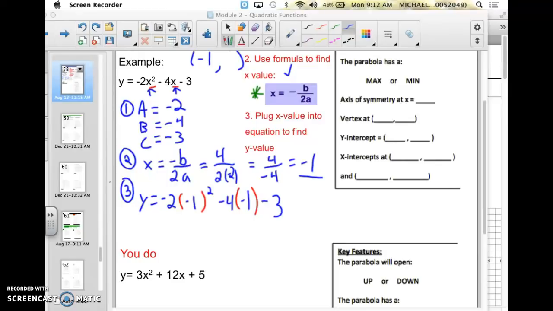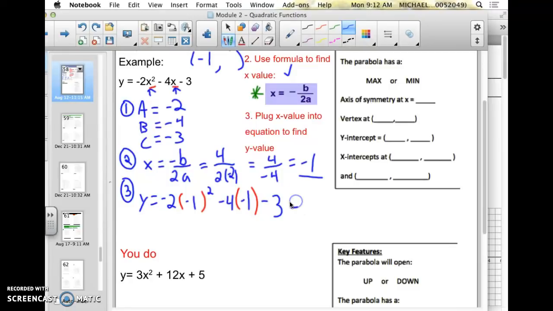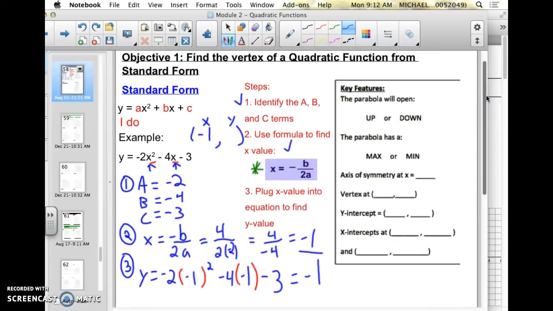If I compute that math, negative 2 times the quantity negative 1 squared minus 4 times negative 1 minus 3, that also equals negative 1. If you did that in your calculator and didn't get negative 1 as you're following along, make sure that you have put parentheses around the negative x values. So I found my y value of my vertex as well.